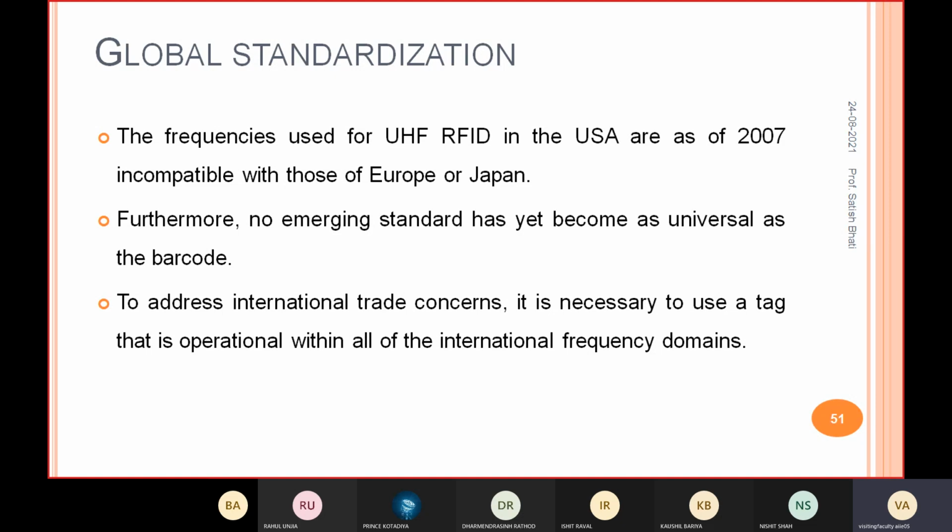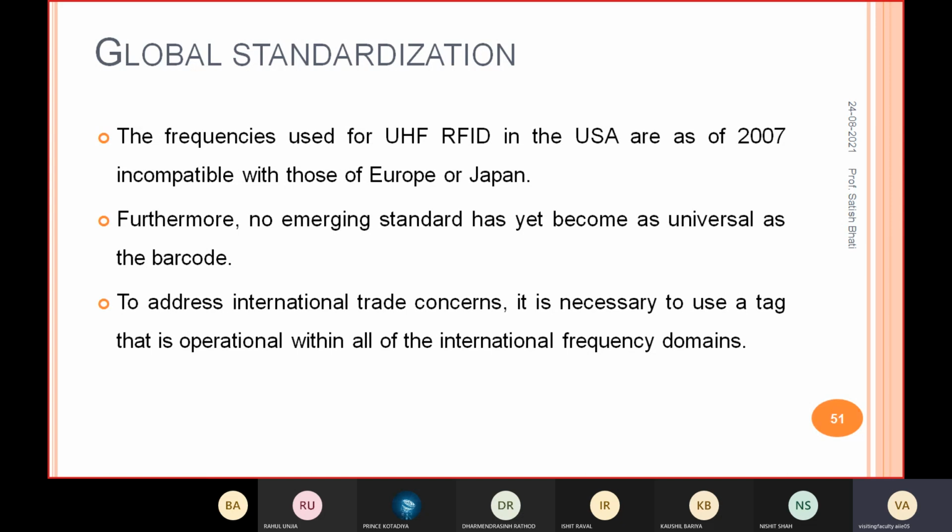Why? Because for that you are using some frequency. Like mobile communication, FM radio communication, some military purposes, for all those things they are using frequencies.